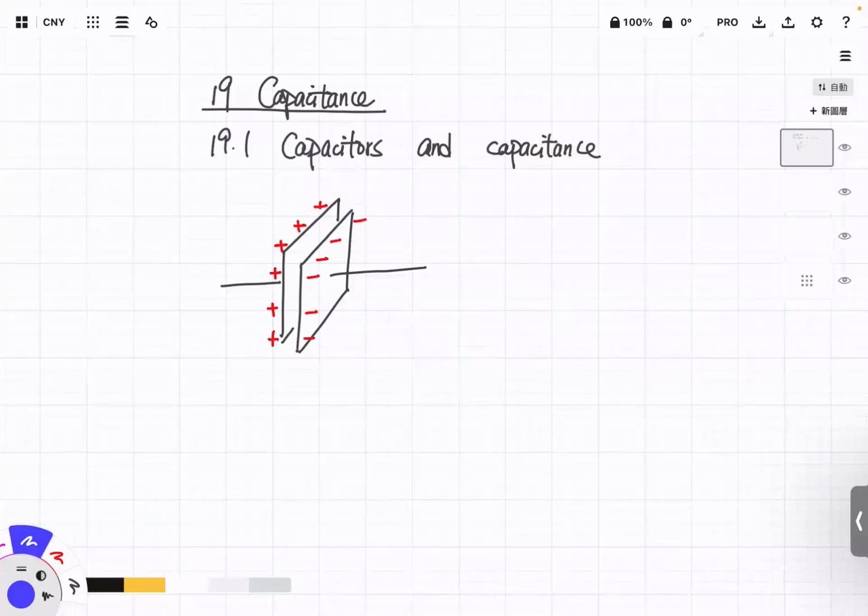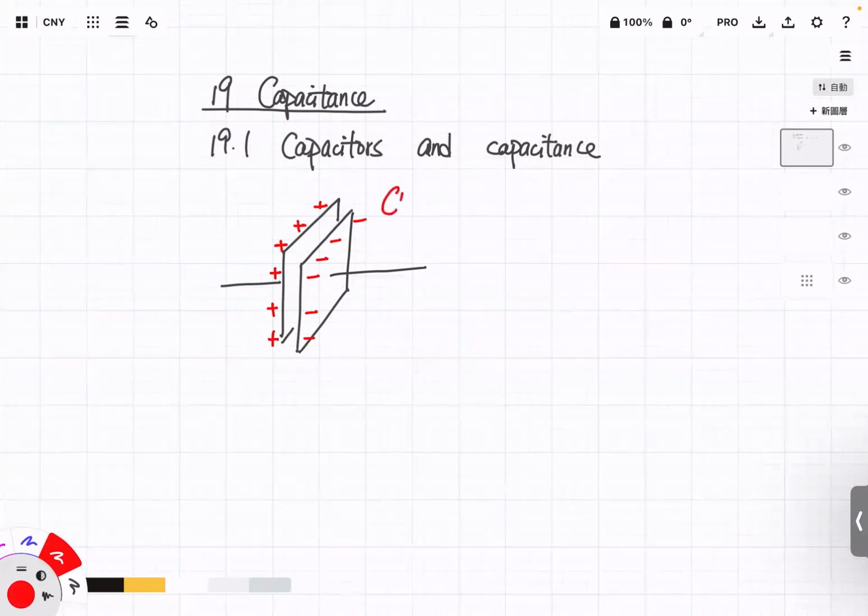When we look at it in this way, we can talk about two parameters first. The first of all, of course, is about the charge on this capacitor. Since the positive charge and the negative charge are of equal magnitude on a capacitor, we just need to use one Q to denote it.